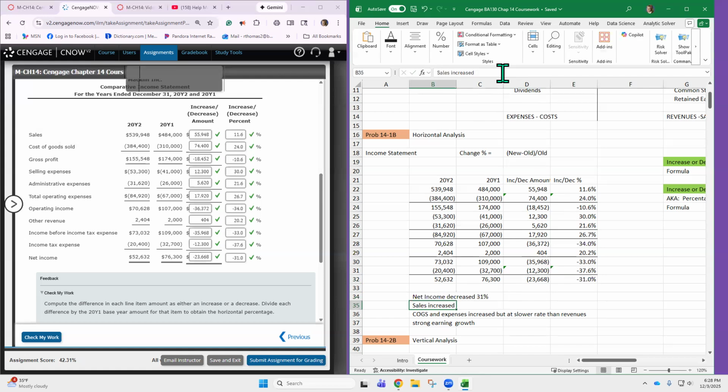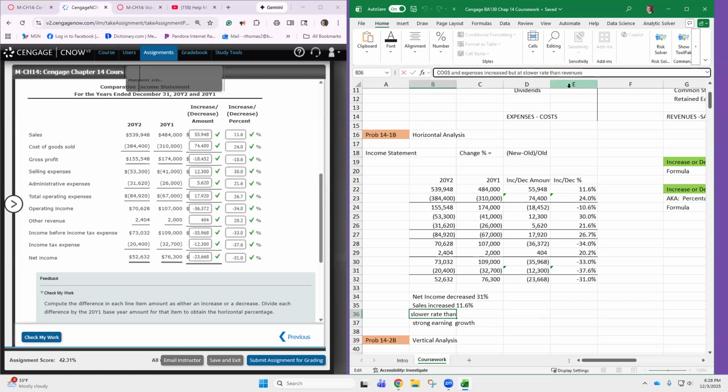But the sales increased 11.6%. So you'd think we'd at least have something extra in net income, but we didn't. Costs and expenses increased at a faster rate than the revenue. So our costs are just out of control, at least mine.